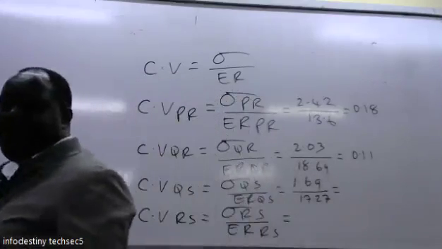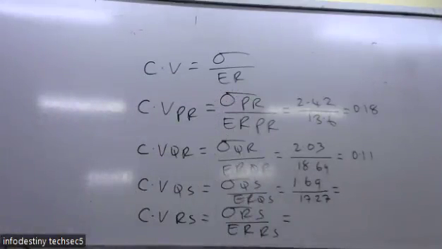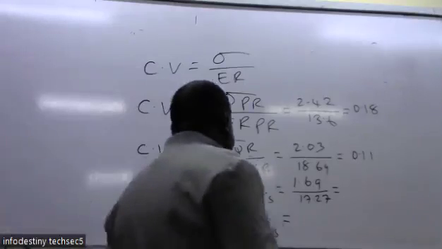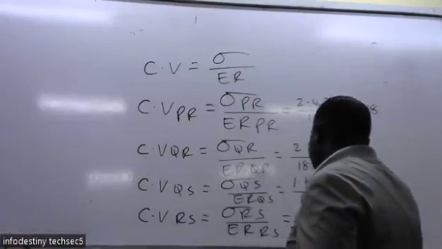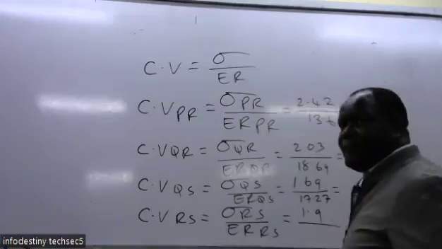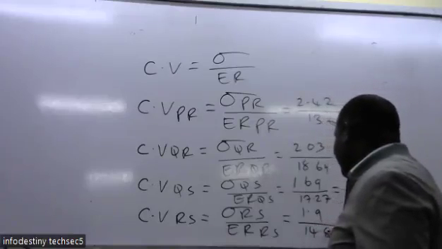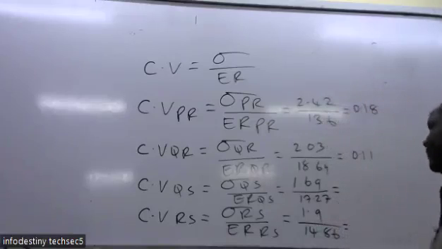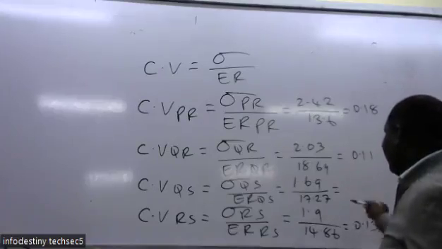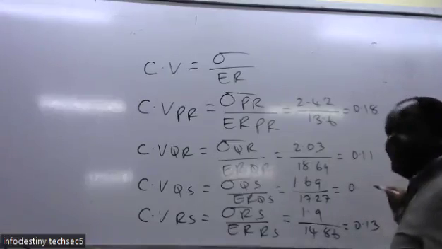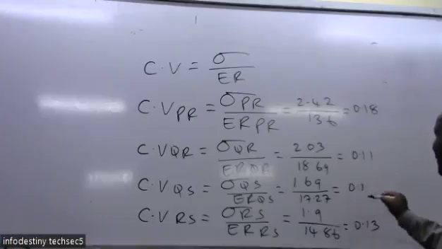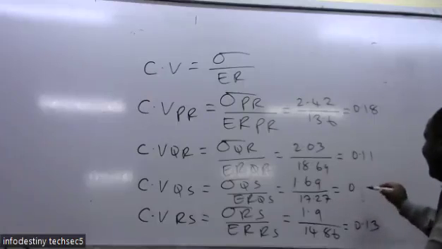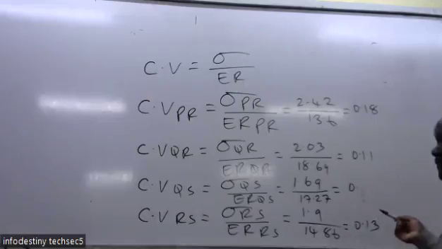The standard deviation for RS was 1.9, and the expected return is 14.86. So you get 0.13. The other one was 0.1. When you round off to two decimal places, 0.10.